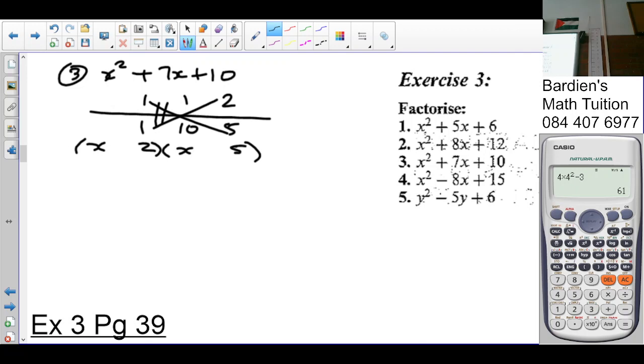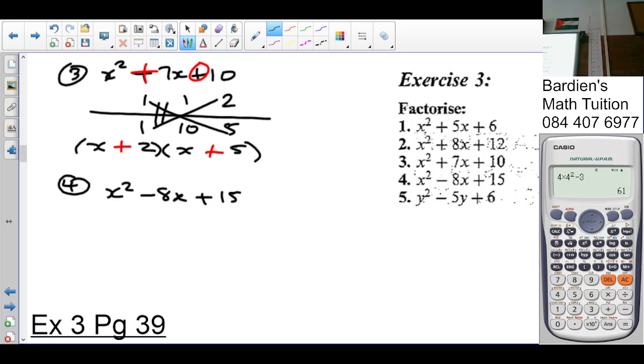What about our signs? Both are going to be the same sign. In this case, take the sign of the middle term. The last sign represents whether you add the products or you subtract the products.